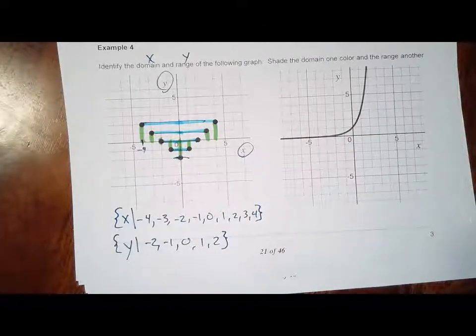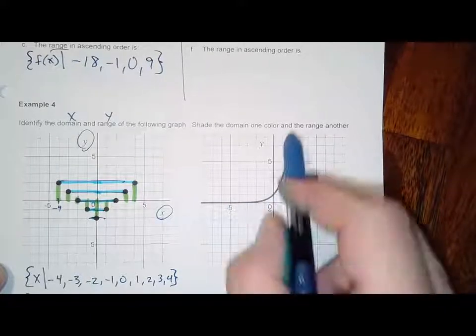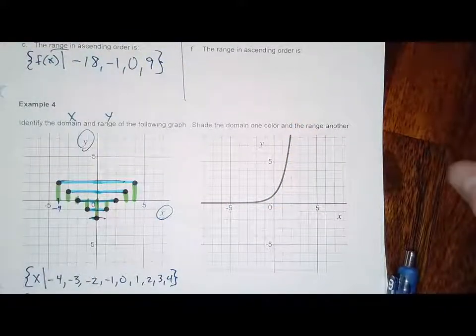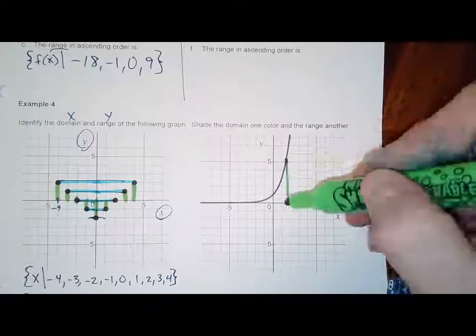It is the collection of all x's for domain and the collection of all y values for range. This actually helps us see the domain and range when the graph is a smooth, continuous curve. Remember what I did with the domain. I picked a location and I found its x.